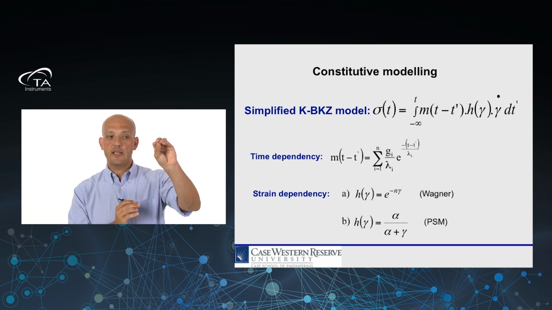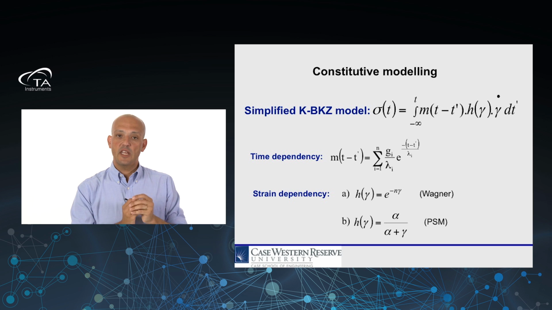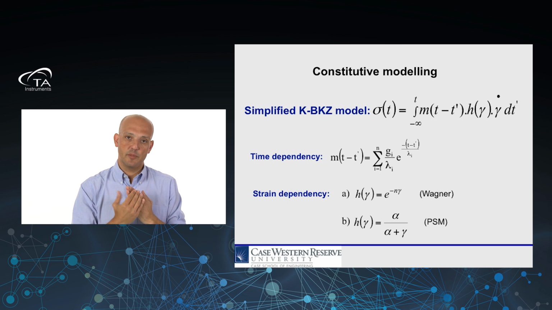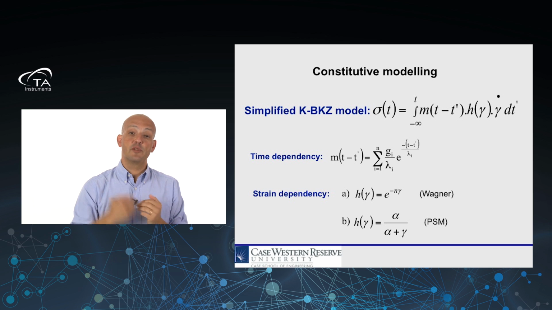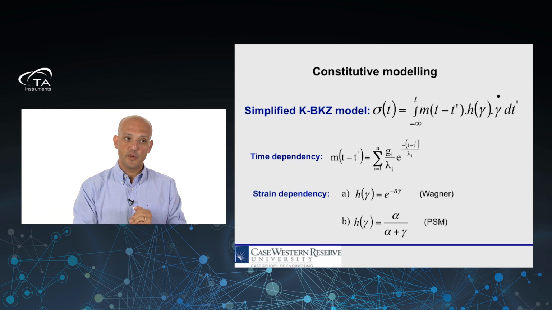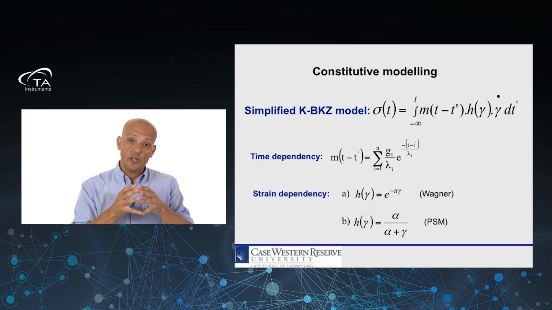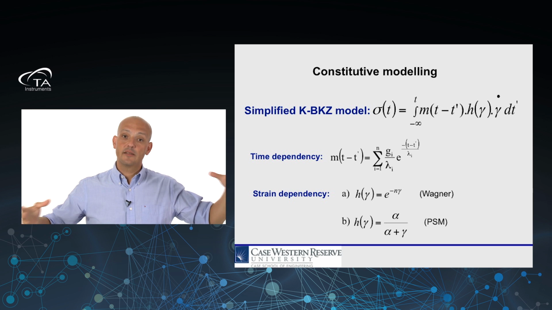This time dependency, the m, essentially gives us the linear viscoelastic response. So we can get this from the G' and G'' data, the storage and loss moduli that I showed you earlier. The strain dependency is relevant to model the high strains that we have in the process.